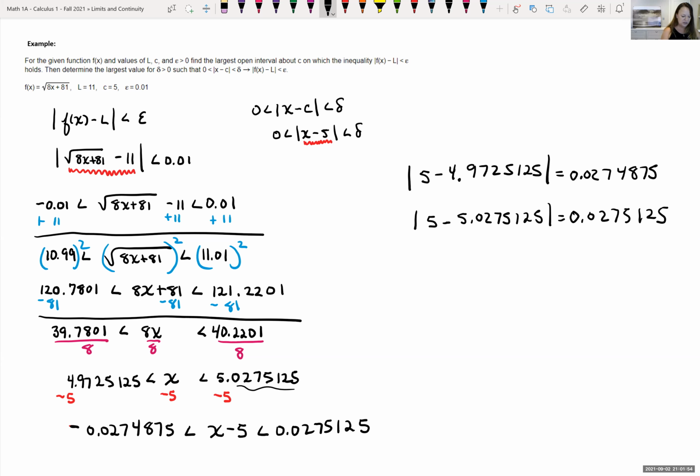I want to choose delta to be the smaller of the two. So the minimum of those two distances. And I'm just going to call it distance 1 and distance 2, so I don't have to write those decimals in there again.